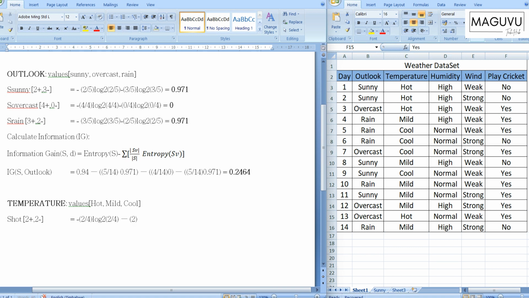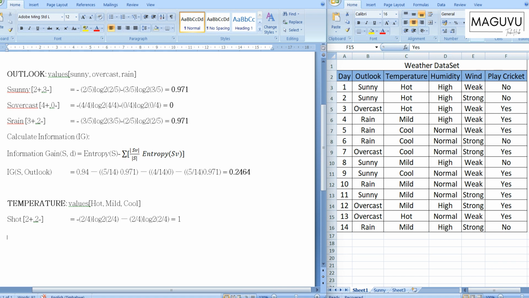So we also have 2 divided by 4 log 2 of 2 divided by 4. If we do the calculations there, it should give us a 1. Why a 1? Remember what we said, if the proportion is a half, where we have equal proportions, this is the highest position of impurity, and therefore the answer is definitely 1. There's no need for you to calculate where the values of the proportion are equal. We had to calculate this just to demonstrate.